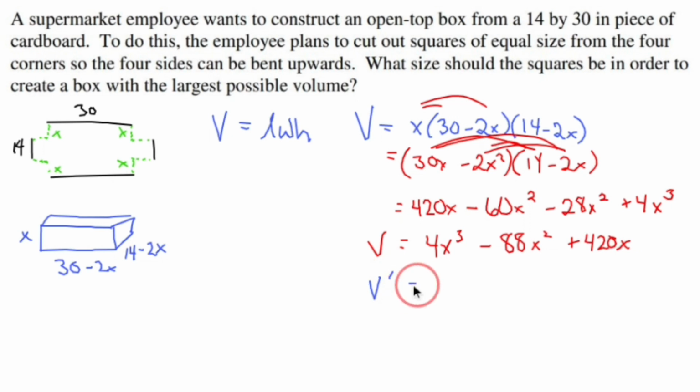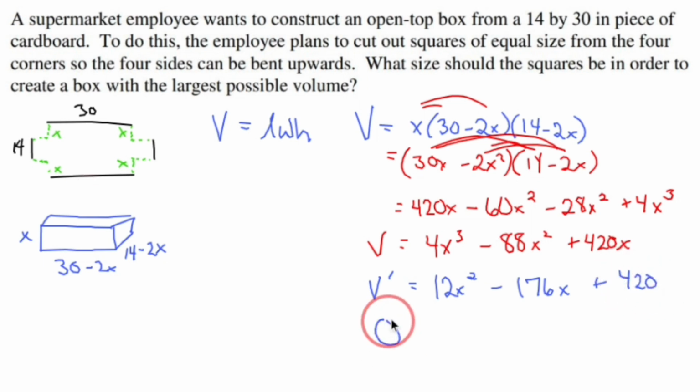So V prime is going to equal 12x squared minus 176x plus 420. Stop making so many typos and writing errors.